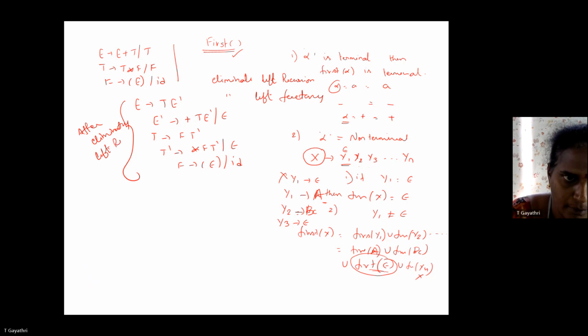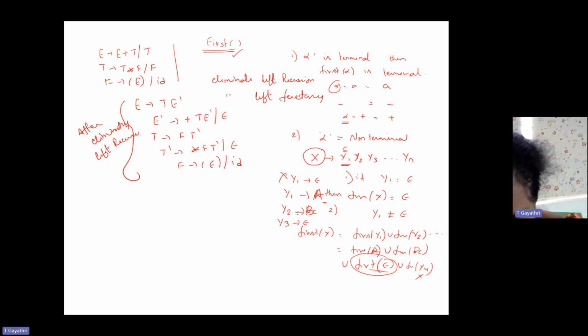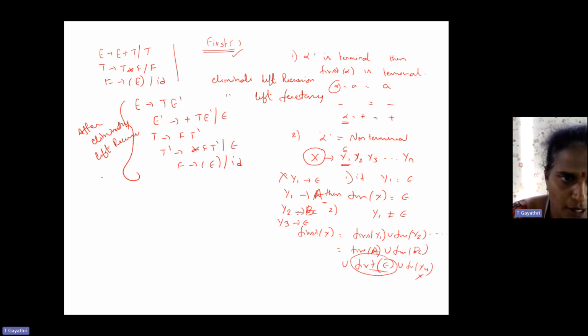There was also no left factoring needed. So now we can find out the first values. The non-terminals we have are E, E dash, T, T dash, and F. So for these five, we can find out the first values. First we find the first of E.